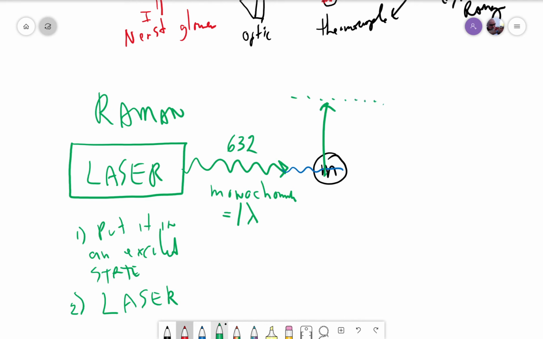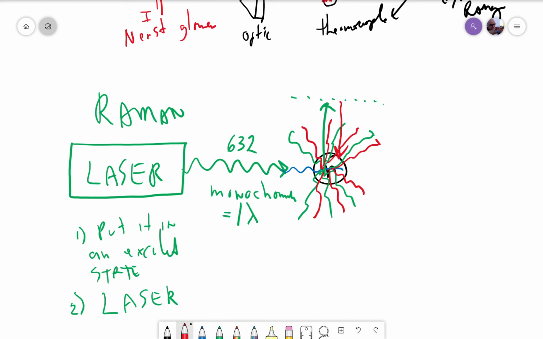It is then going to be scattering both the Rayleigh scattering, which will be at the exact same wavelength, and also some Stokes and anti-Stokes. But because it's a fluorescence, it can be going in any direction it wants.